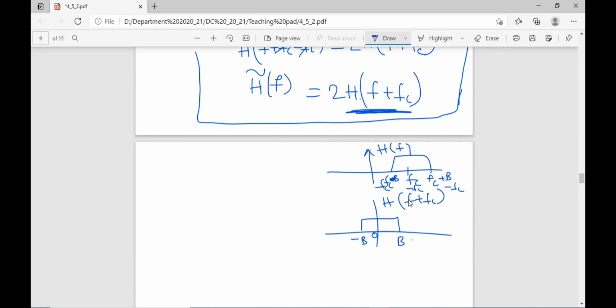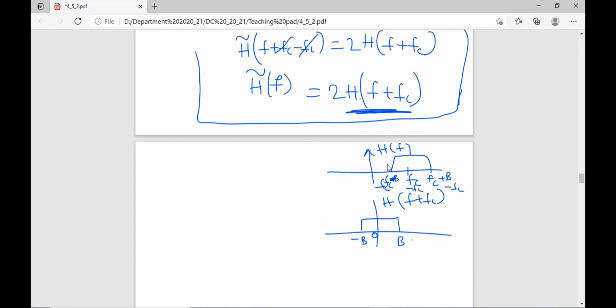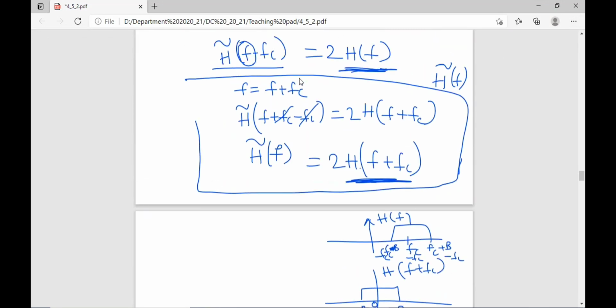If you observe this, you have the complex envelope, where the high pass signal is converted to a low pass signal. So if you want to get this low pass representation, then you need to know H of f. You need to shift it to the origin.